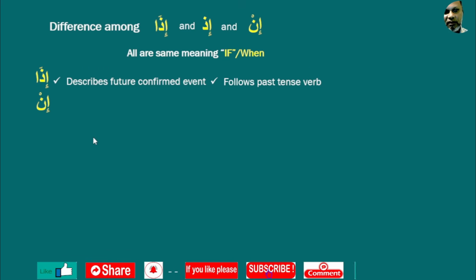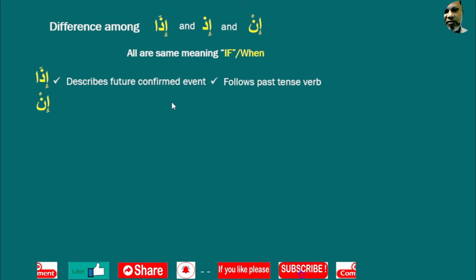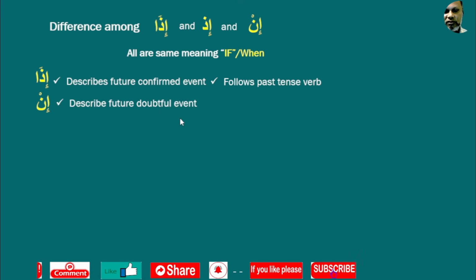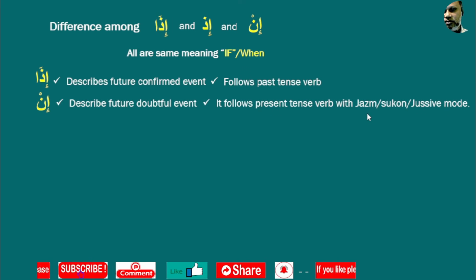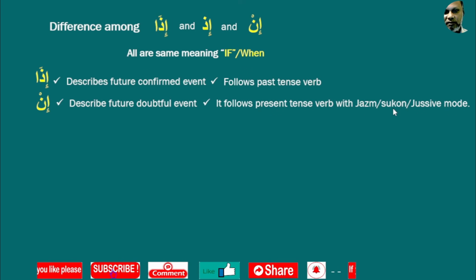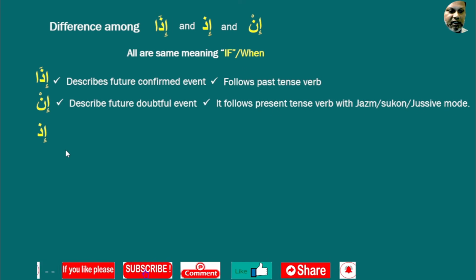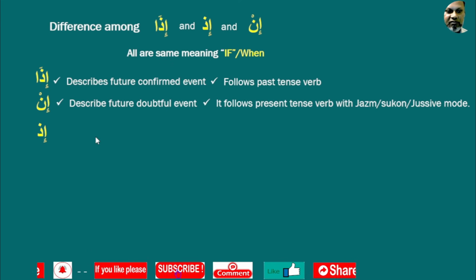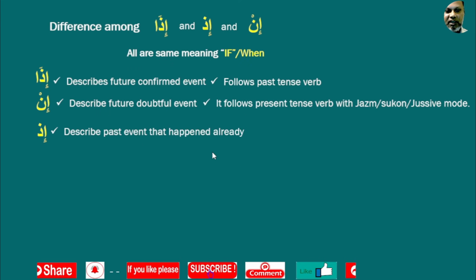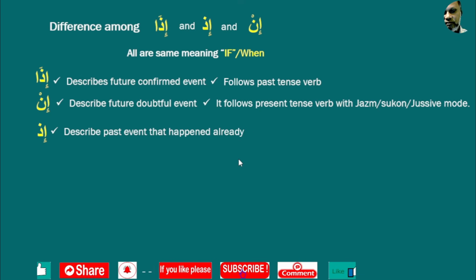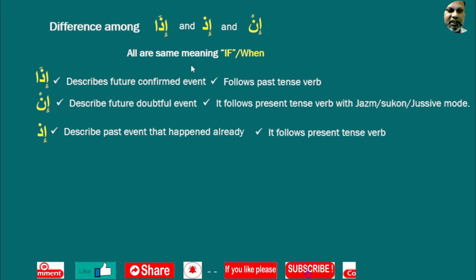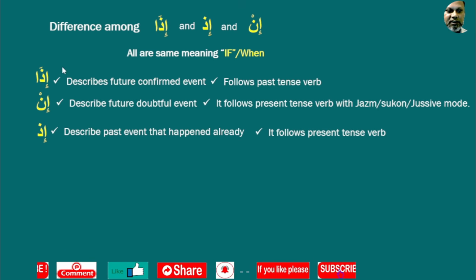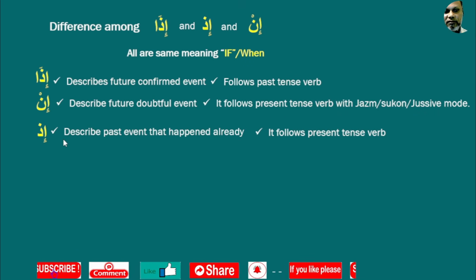Whereas in describes a future event where there is a doubt, and it follows a present tense verb with jazm, sukun on the last letter. And idh describes a past event that already happened, and it follows the present tense verb. These are the key differences among these three particles.